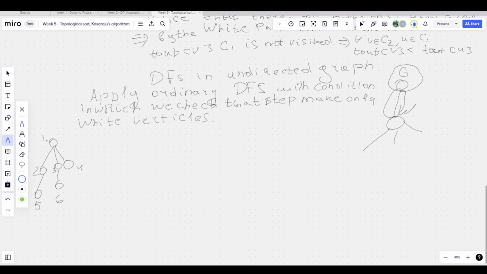In BFS, 1 2 3 4 5 6. We can implement DFS not only recursively, we can implement it using a stack.